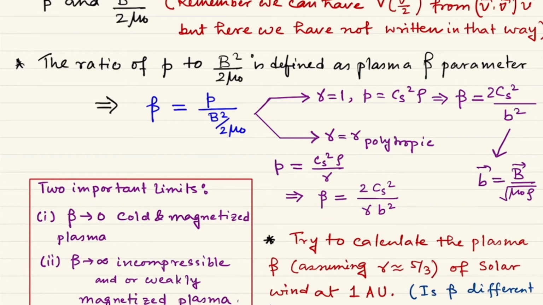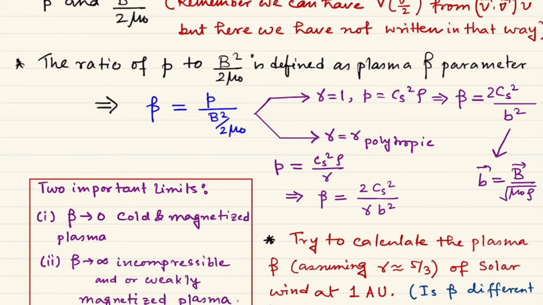So from this we now make two limits. Beta tends to 0. What does it imply? Beta tending to 0 can imply two situations, either of the two or both together. First of all, Cs tends to 0.